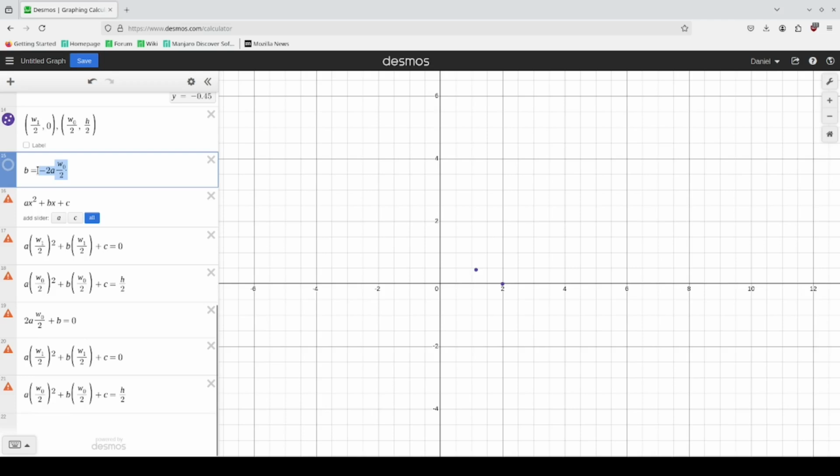So copy the value for b, and we'll mind the negative sign. And so now we're going to subtract everything over to solve for c. So let's subtract this over. And we're going to add this because we're undoing the subtraction.